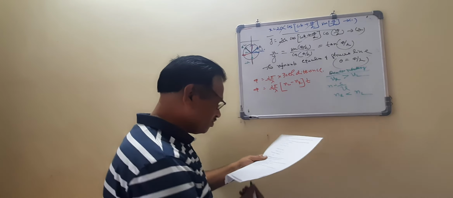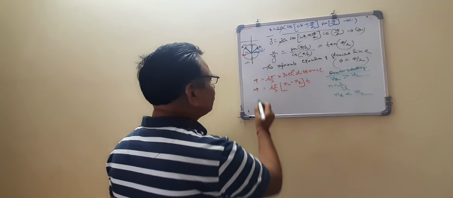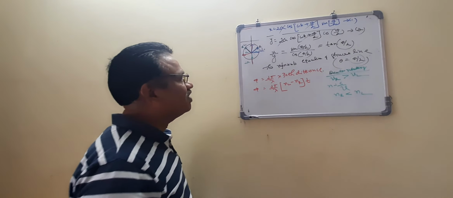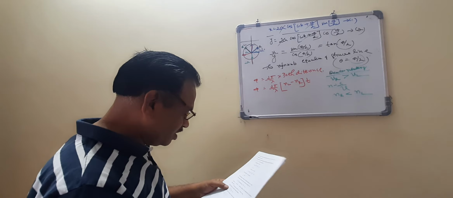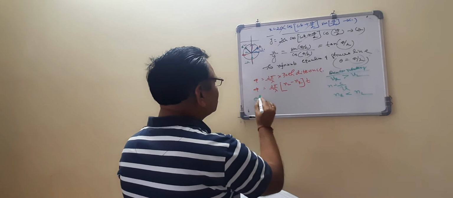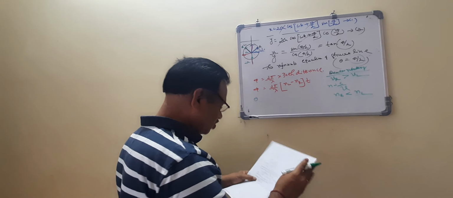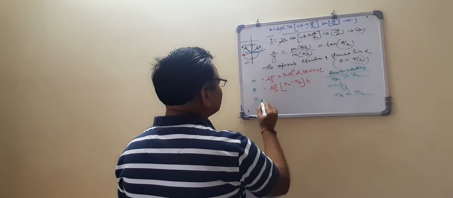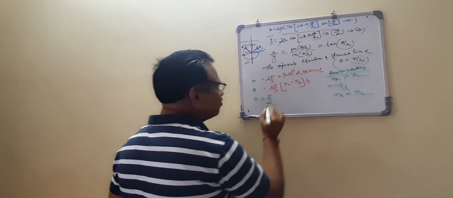This is the equation. What is the phase difference created here? The phase difference theta equals pi by 2.